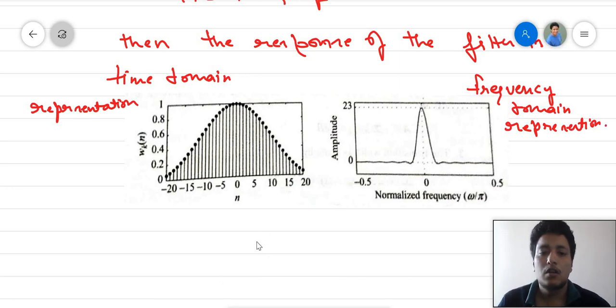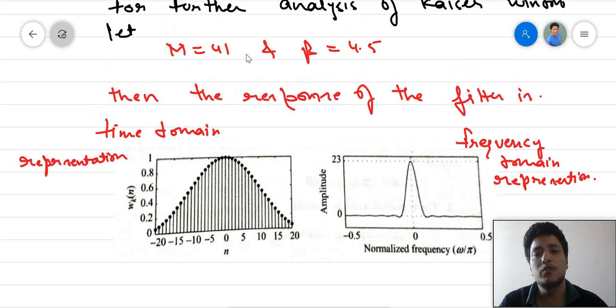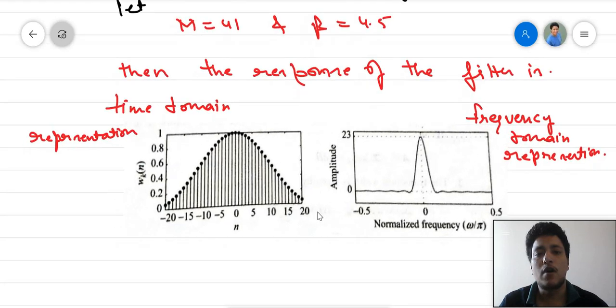These windows in time domain and frequency domain are valid only for M equal to 41 and beta equal to 4.5.